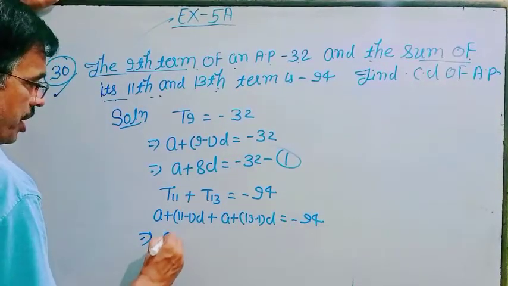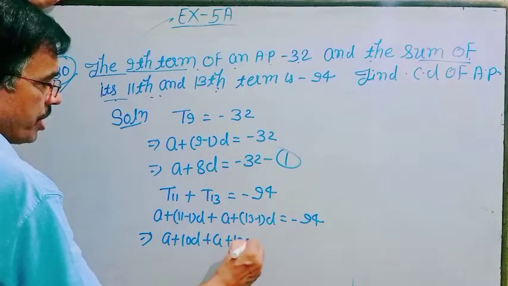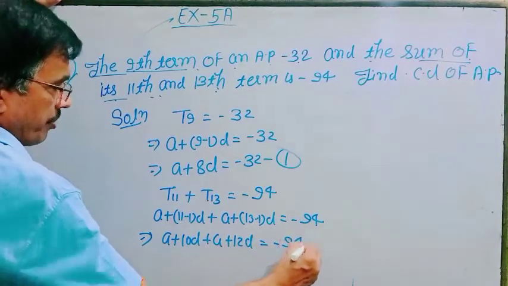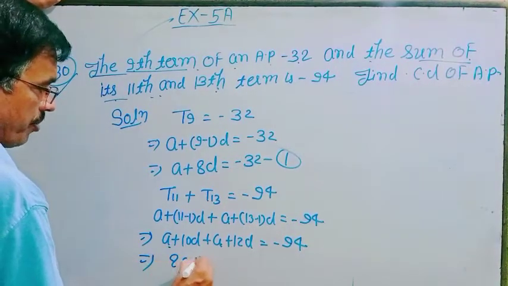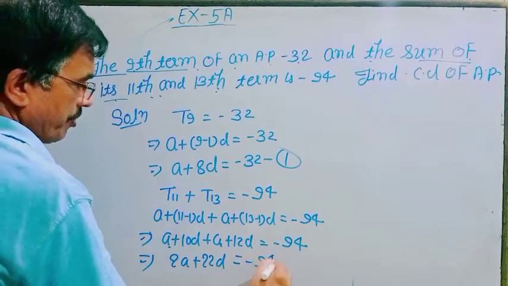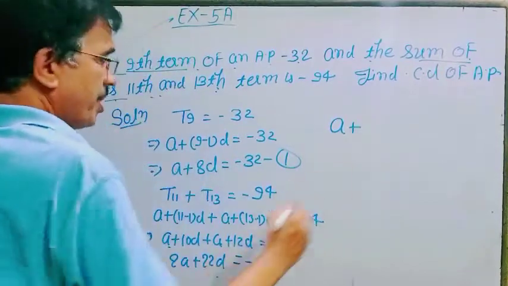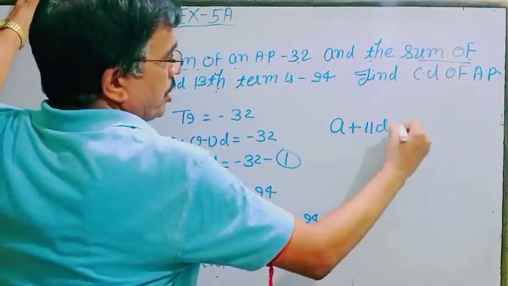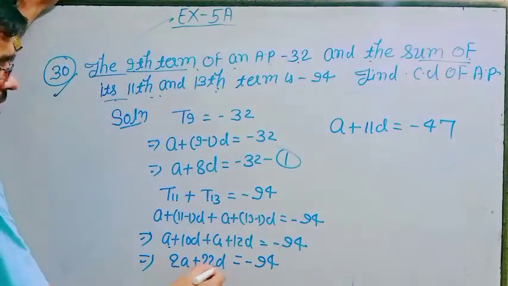Then here is A plus 10D plus A plus 12D is equal to minus 94. Then 2A plus 22D is equal to minus 94. Then A plus 11D is equal to minus 47, because 2 is common here.